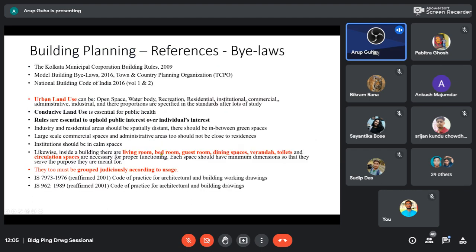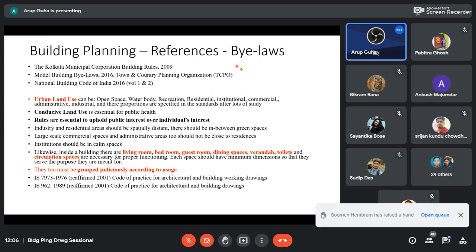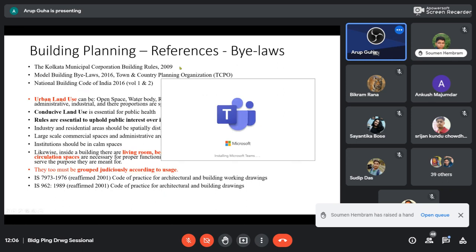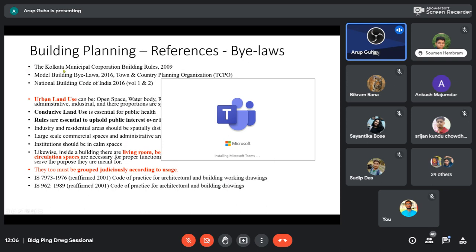Next, what sir was saying, SNM sir, is that we need to build a plan. Actually this is not our job, this is an architect's job, but ultimately somebody can come to you for help. So you must abide by certain laws which we call bylaws, and the relevant bylaws could be the KMC, Kolkata Municipal Corporation.